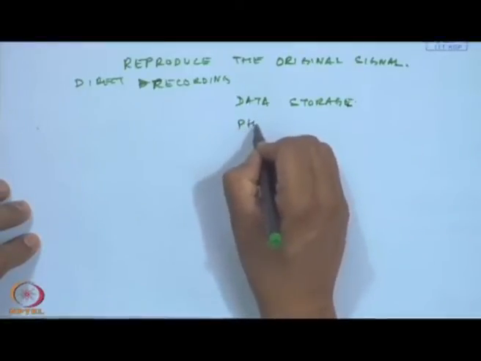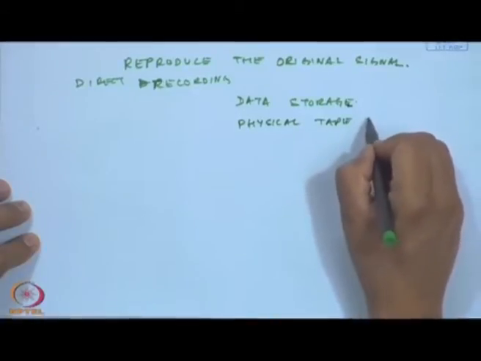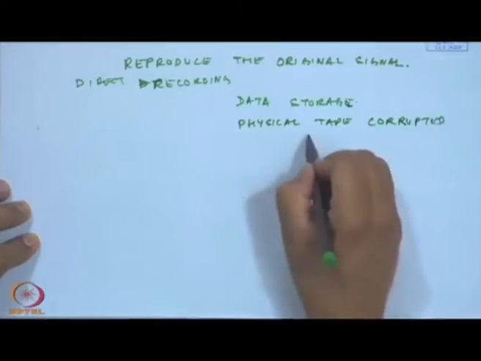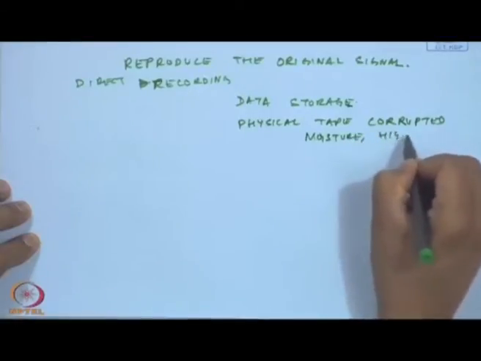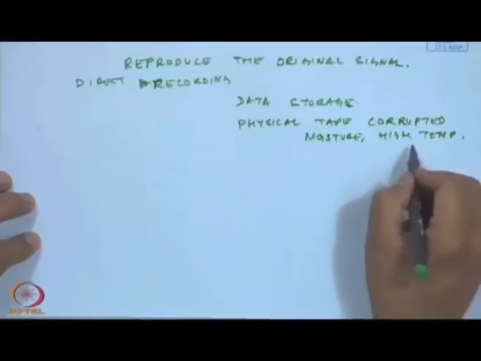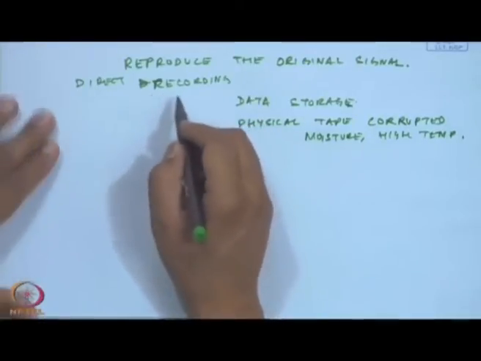The physical tape may get corrupted because of moisture, high temperature, etc. You must have seen, if you ever have your old spool tapes or cassette tapes stored elsewhere, you will see if you do not care about the moisture around, there will be a lot of fungi formation on those tapes, and then you will lose the signal quality, etc. And these are the problems.